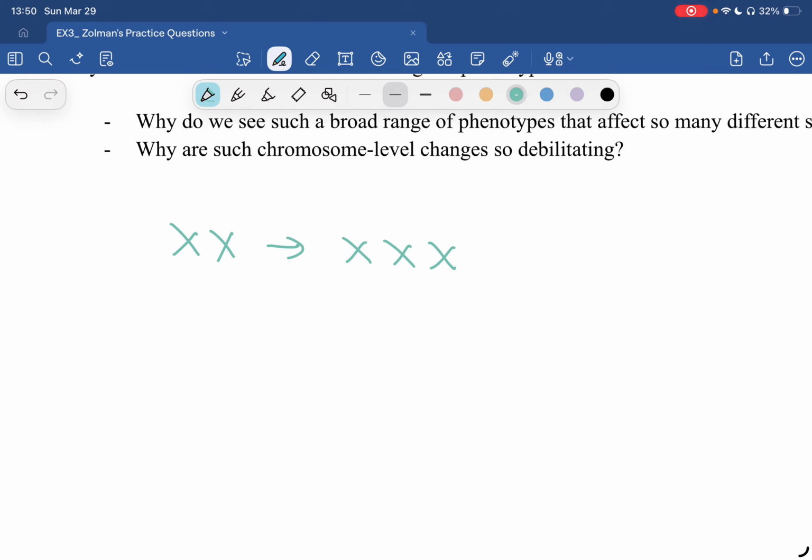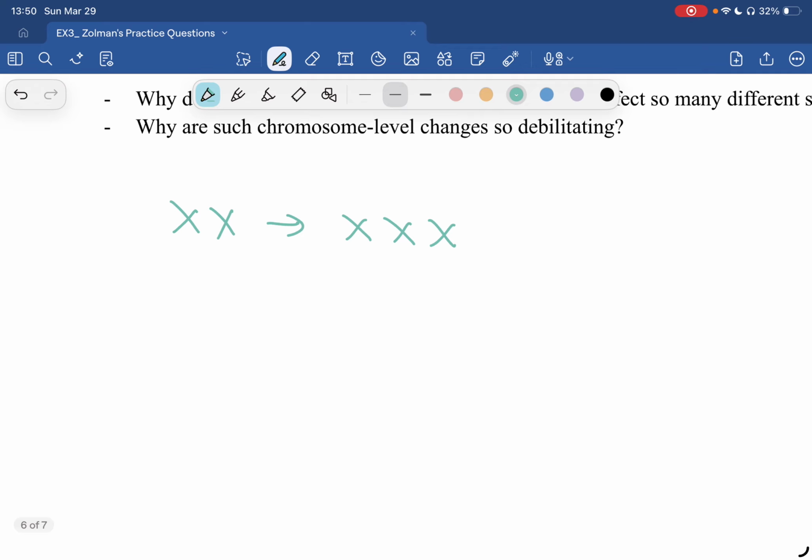So they affect so many different systems because of the chromosome that's impacted. There's a variety of different genes on each chromosome, therefore the genes on that chromosome are being expressed more just because of the extra copy.